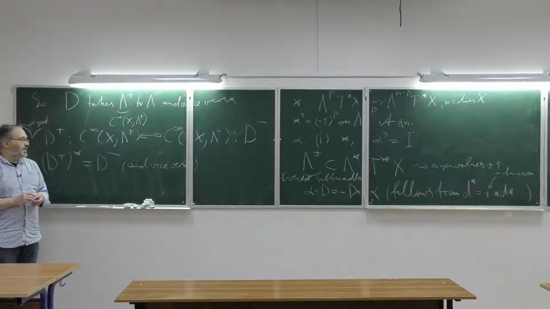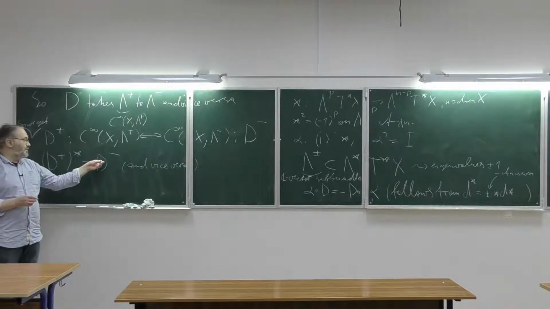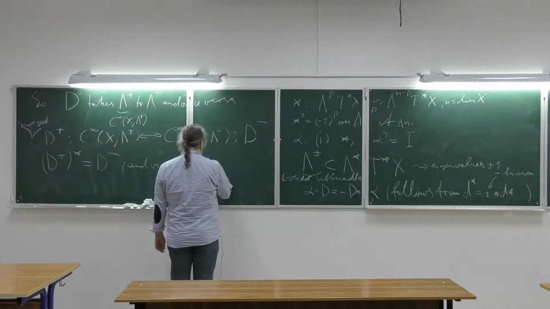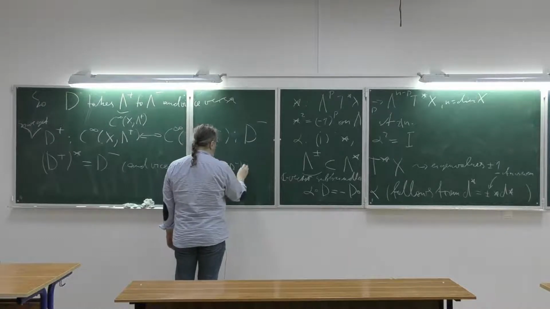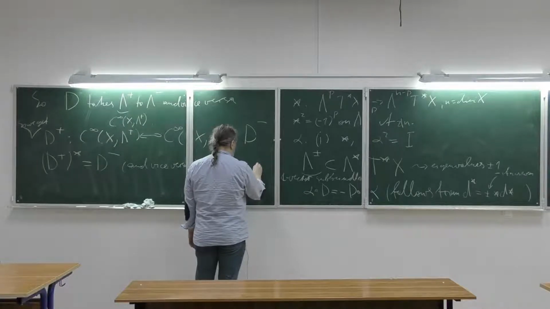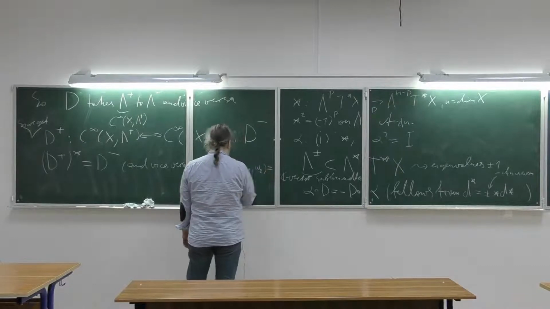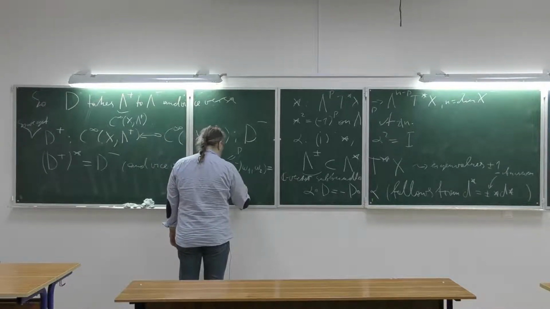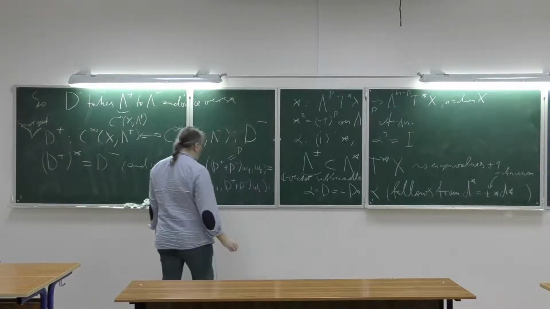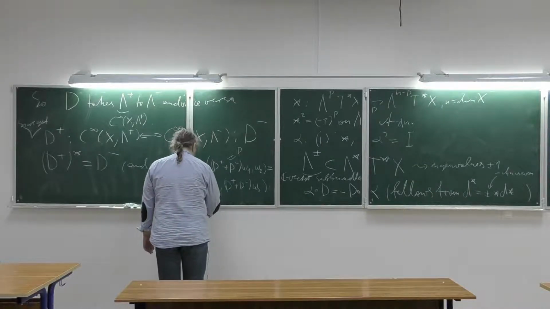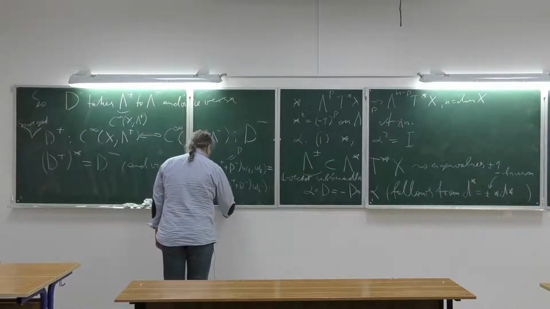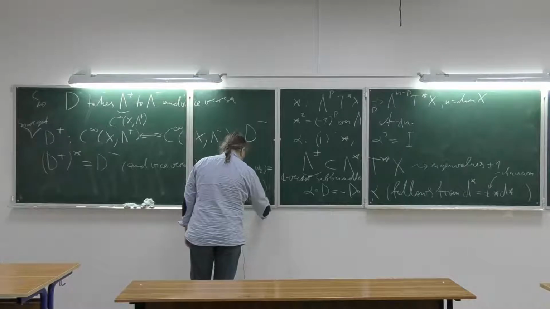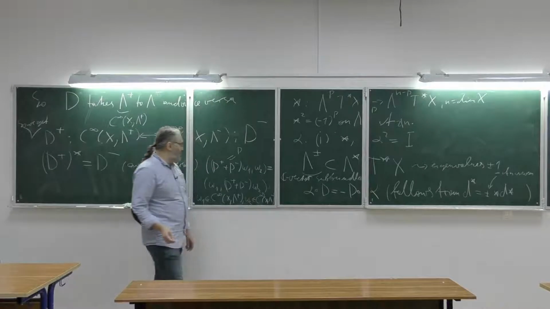Basically, we use the fact that d plus d minus is self-adjoint, and then we use this formula where omega 1 is a section of lambda plus, and omega 2 is a section of lambda minus.